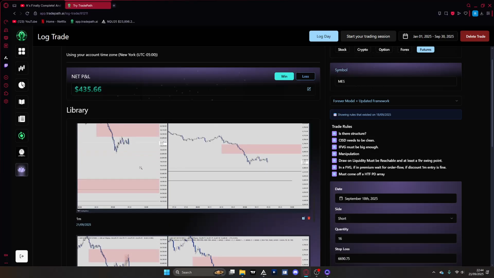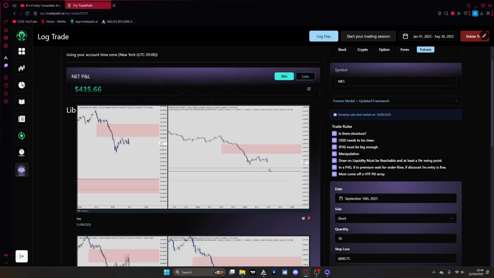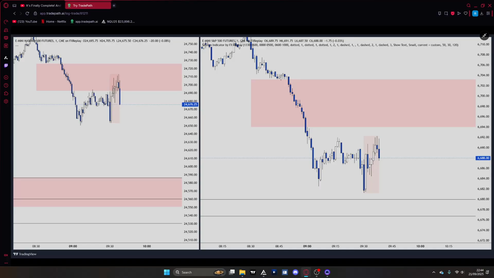At 9:30 open, we have some sort of accumulation, and we keep going, and we get a manipulation of this high. We get a resweep over here on NQ, but on ES we make relatively equal highs up here, and then we come up again and resweep that.